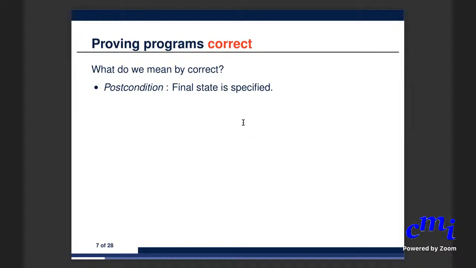This can be done by defining a postcondition, that is, the set of states that are permissible for the program to be in once it terminates. Then you also define, as part of the specification, preconditions, some constraints on your inputs.